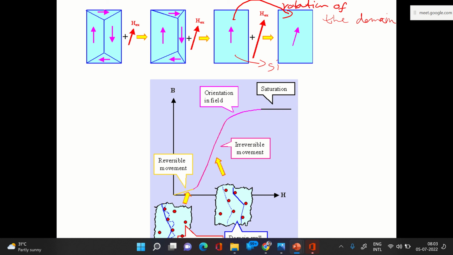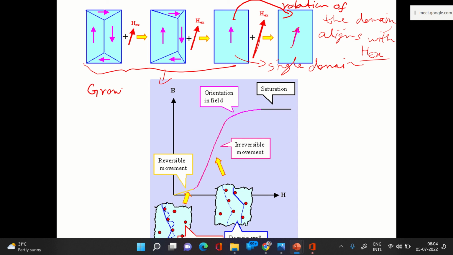So you obtained a single domain, rotation of the domain, and see the angle, it is now aligned with the domain, aligned with the externally applied magnetic field H. So from here to here what we saw is the growth of one of the domains and then achieving a single domain.